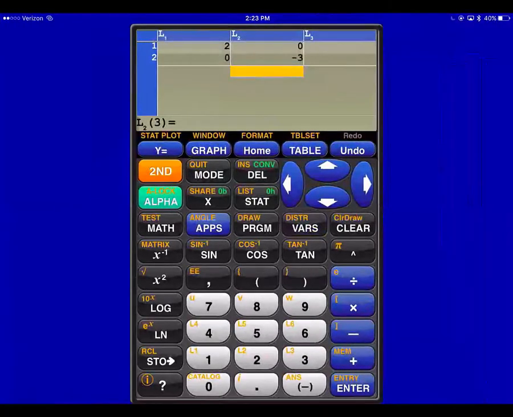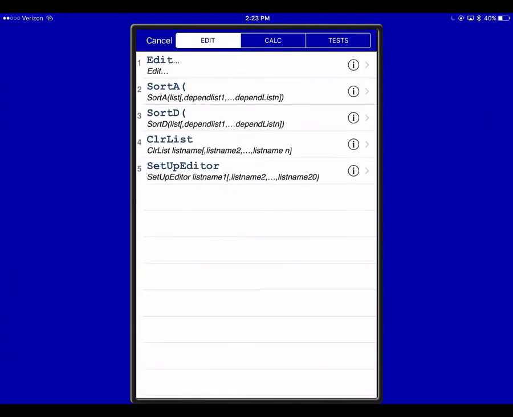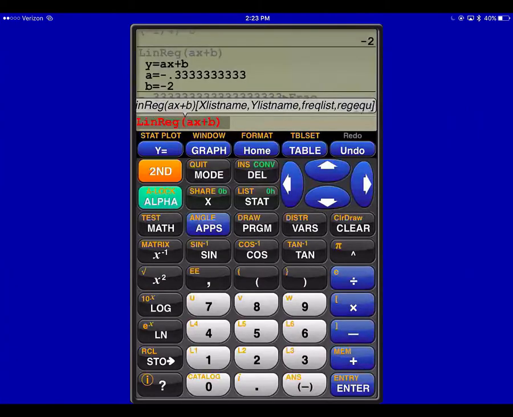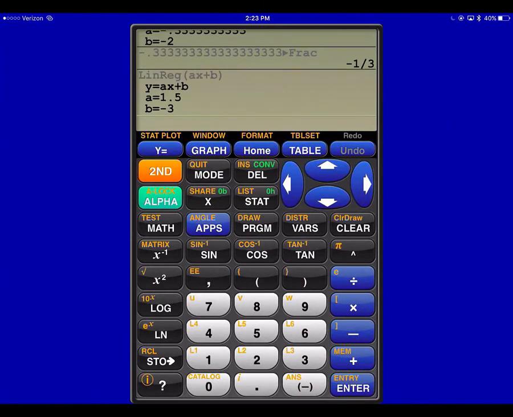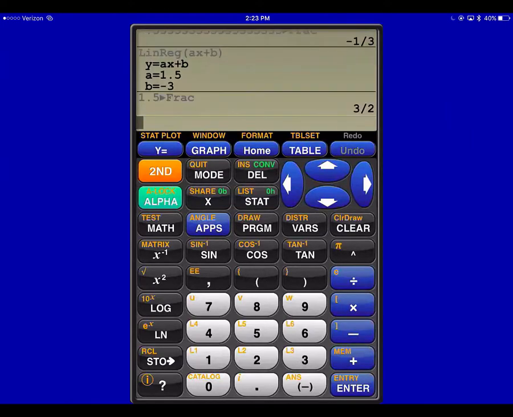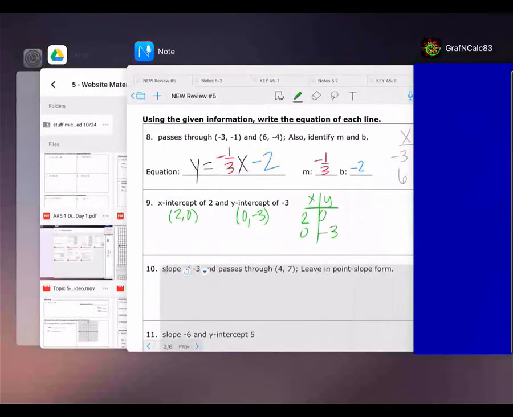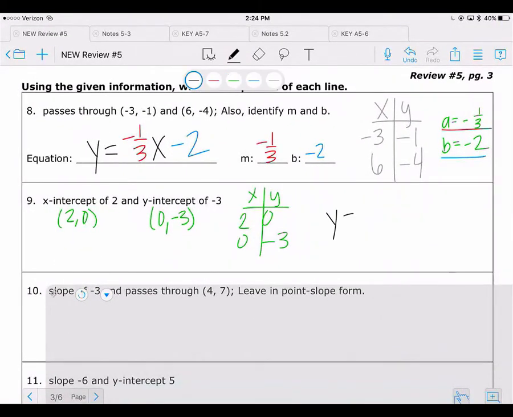So I have 2, 0, and 0, -3. Stat, calc, 4, enter as many times as it takes, and I get 1.5 and -3. If your test is picky and it gives you a fraction, remember we can type 1.5 math enter, and see that that's 3/2. So this one just wants the equation, so that would be 3/2 x minus 3.